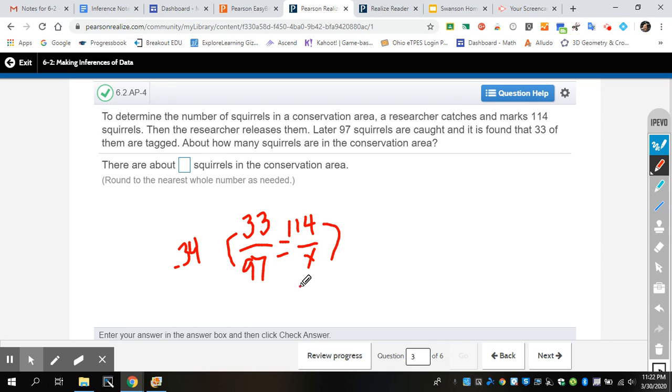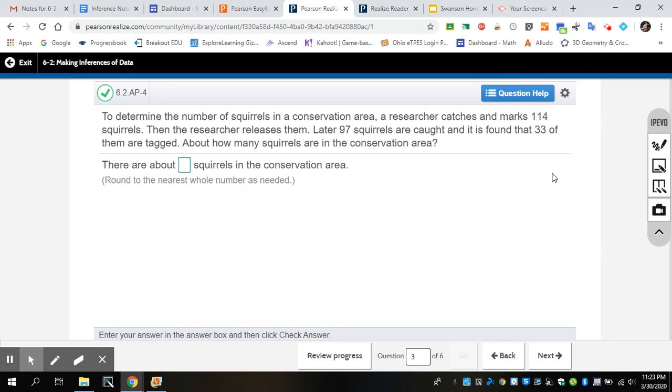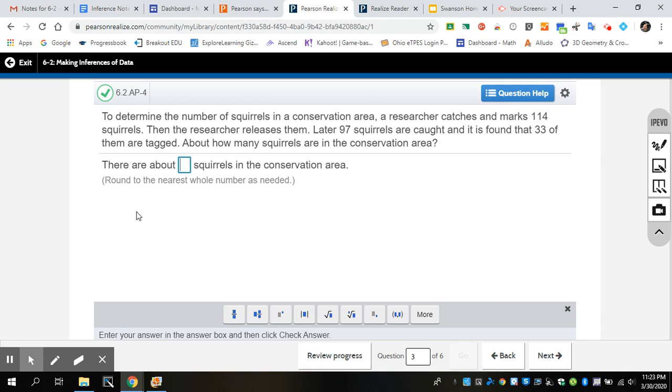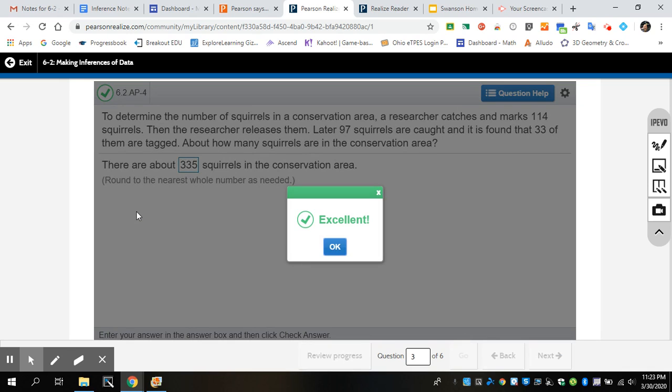And we get 335.2 something, but it says round to the nearest whole number. So I'm going to punch in 335. So I'm using proportional relationships to help me identify what data is used to help us calculate the whole.